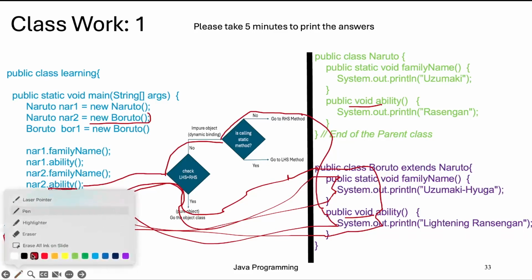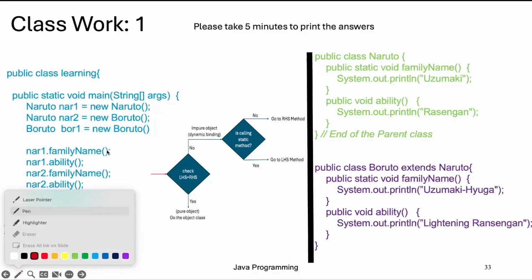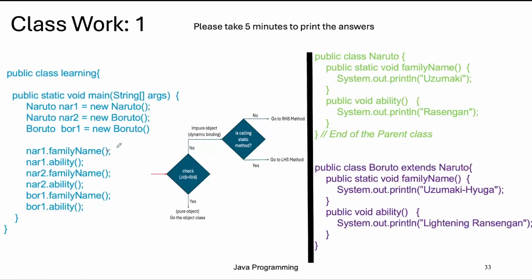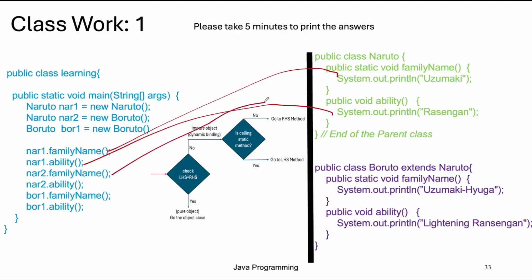So for the first line, the output is going to be Uzumaki. For the second line, the output is going to be Rasengan. For the next one, since it is the static method, okay, we have to go to the left hand side. So we will go and print Uzumaki.